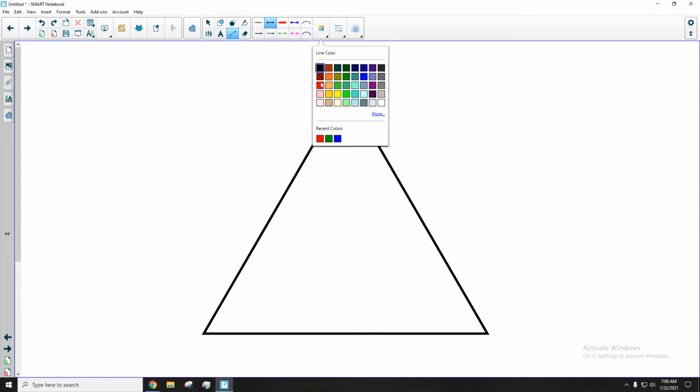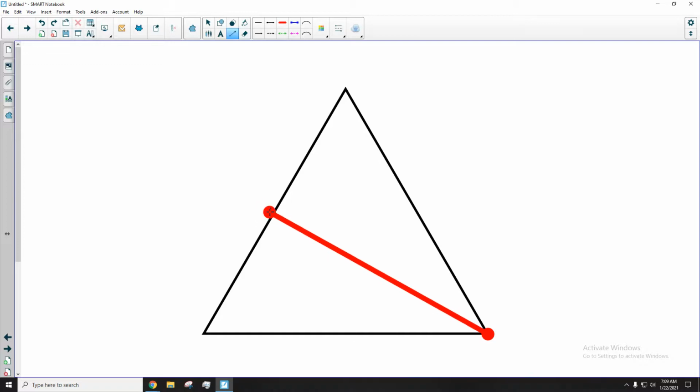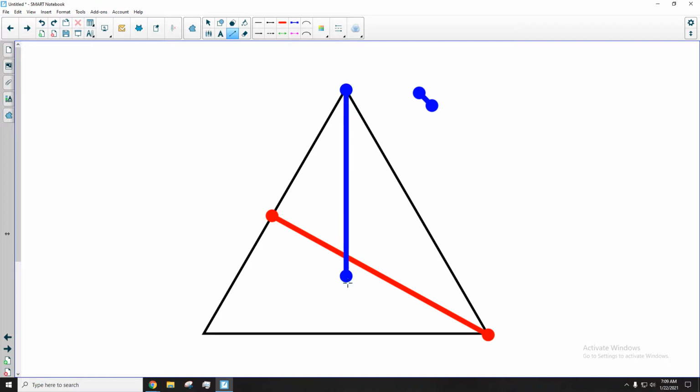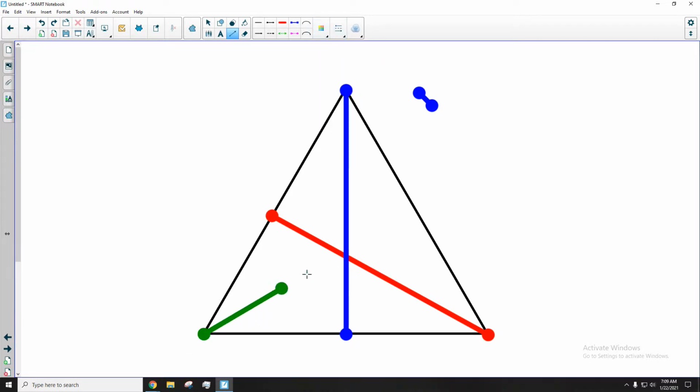That'll save me a little bit of time there. Hang on just a second. Okay. Boom. And I feel like I have this just a little bit off, but that's okay. Boom. Okay.